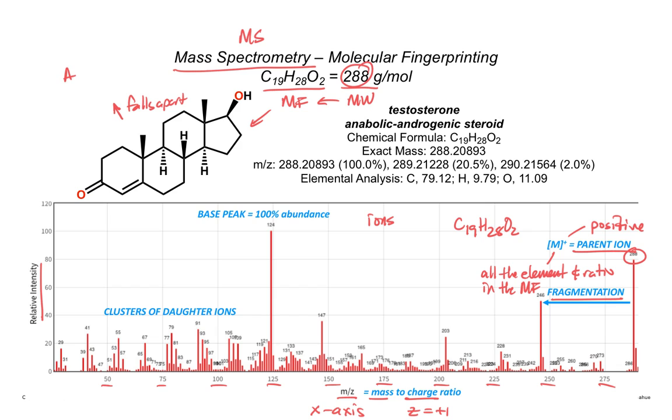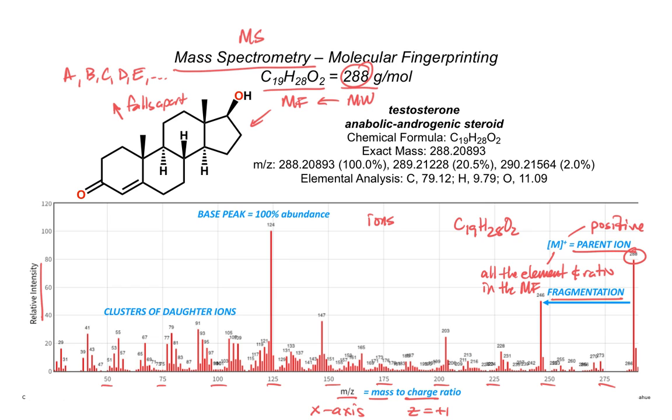We can call them A, B, C, D, just to keep track. So they're lower mass ions that still have some of that structure intact, but they're missing part of it. Those are called daughter ions, and they appear in these clusters or envelopes, and we'll talk about the pattern to those clusters, like why they have those patterns.